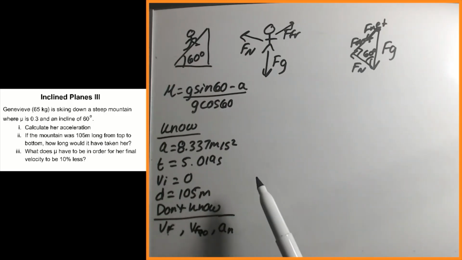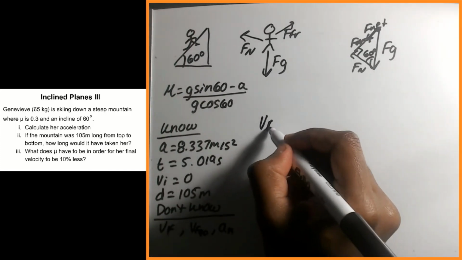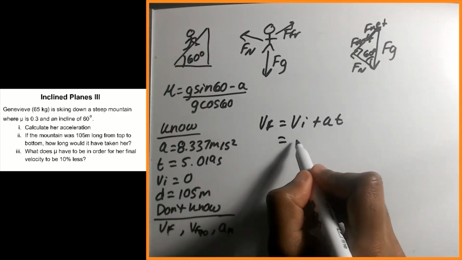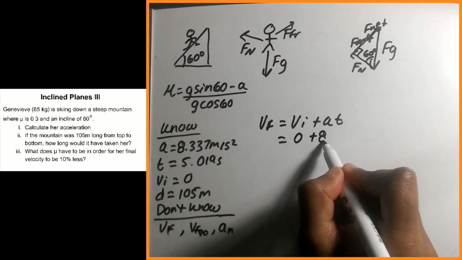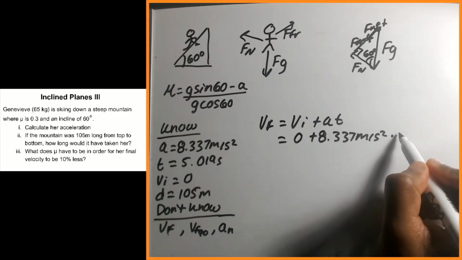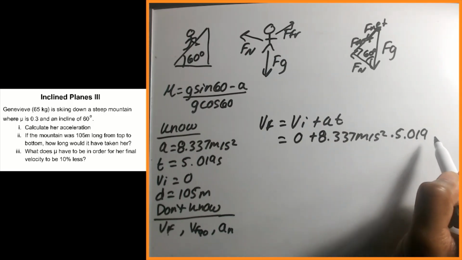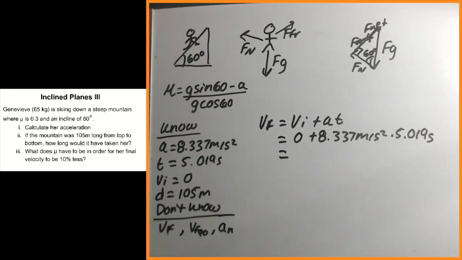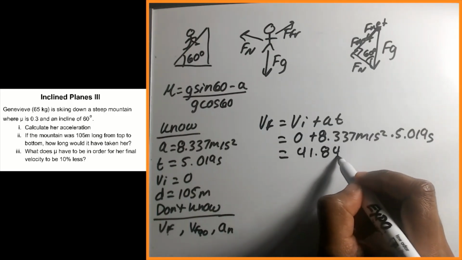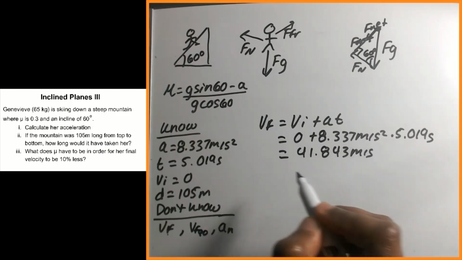So let's go ahead and first solve for VF. So technically you can use any equation you want because you have so much information. So let's go ahead and use the simplest one, which is VF is equal to VI plus AT. Okay, so this is just 0 plus 8.337 meters per second squared times t, which is 5.019 seconds. I'll go ahead and calculate that. And I get 41.843 meters per second.